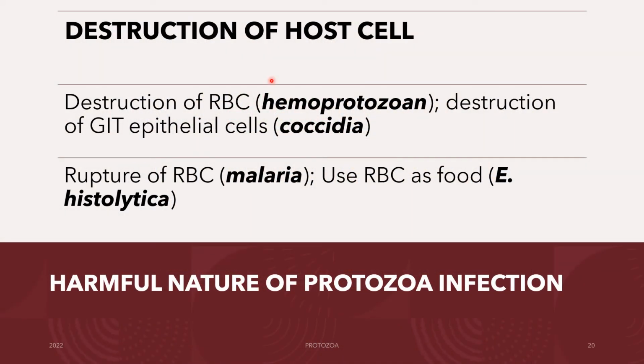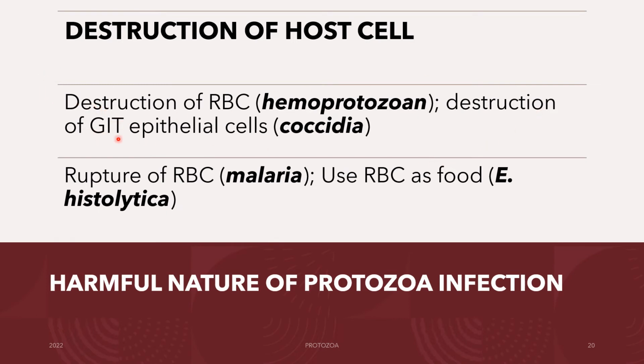Protozoal infection can also cause the destruction of the host cell. All intracellular protozoa are responsible for the destruction of a large number of cells in various organs and tissues of the host. For example, the hemoprotozoan can cause the destruction of the RBC.